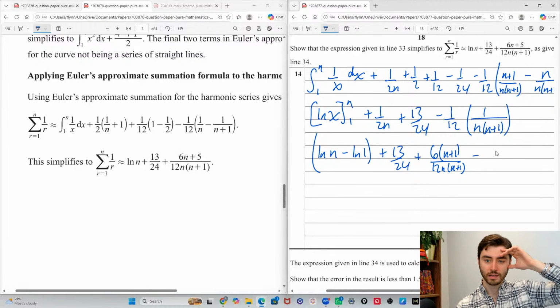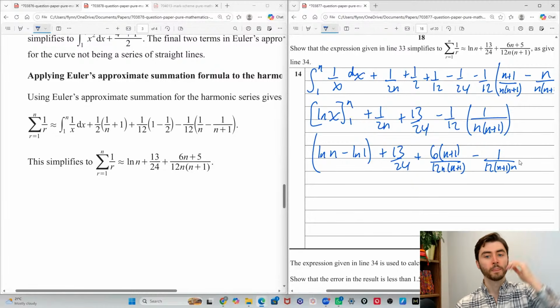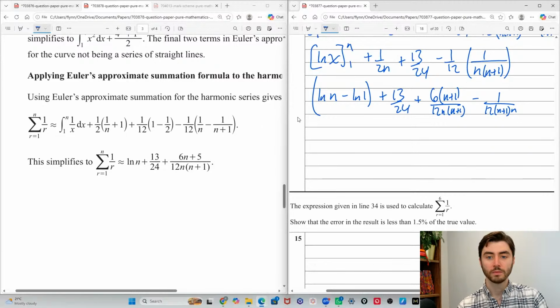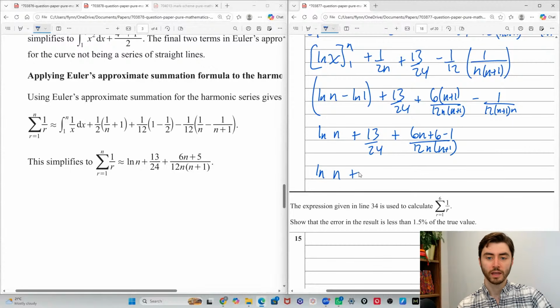And then that's minus 1 over 12 n plus 1. So that becomes ln n plus 13 over 24 plus 6n plus 6 minus 1 all over 12n n plus 1, which is the thing given as required.